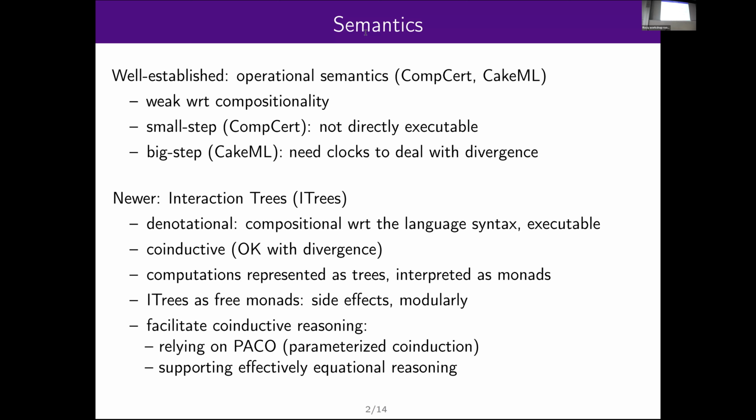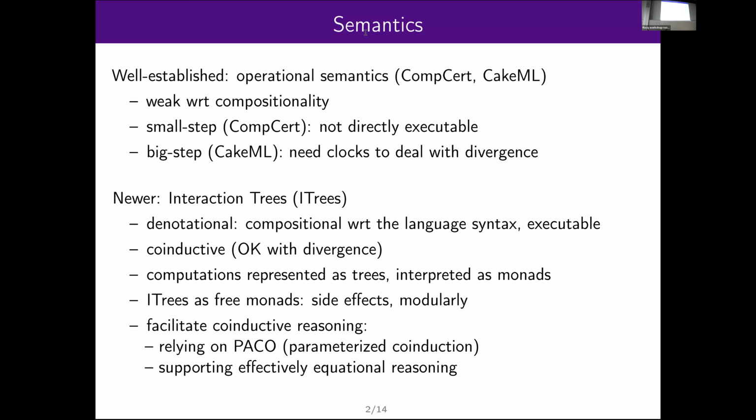The technique that we rely on now is interaction trees, which is basically, at least in the spirit, a denotational semantic technique. So it has the advantage of denotational semantics being compositional with respect to the language syntax, and also being executable in a way that's not exactly as straightforward as with standard denotational semantics, but we'll see that.